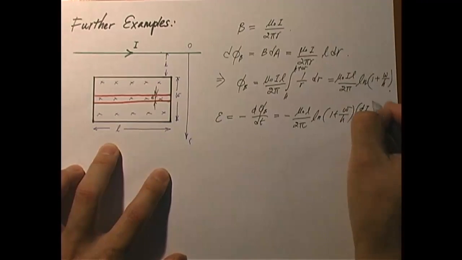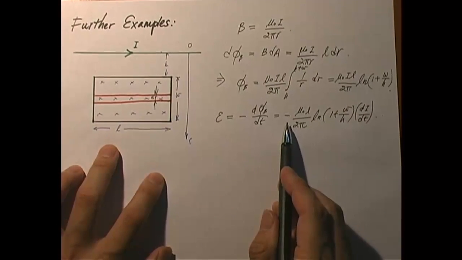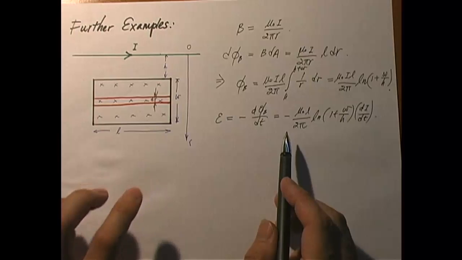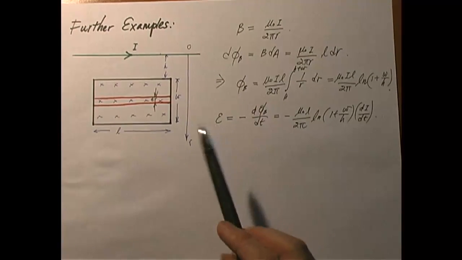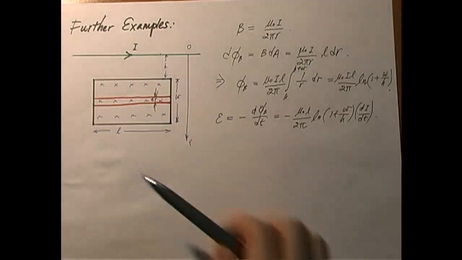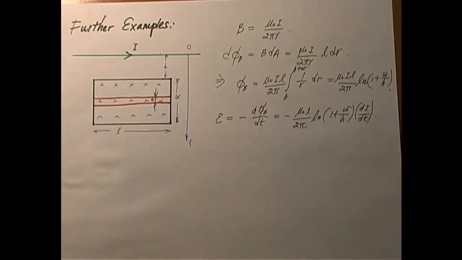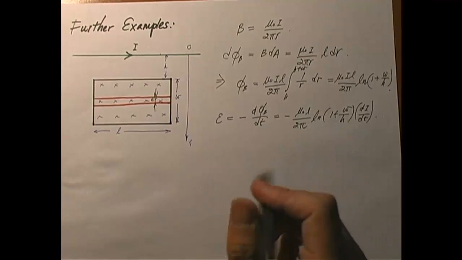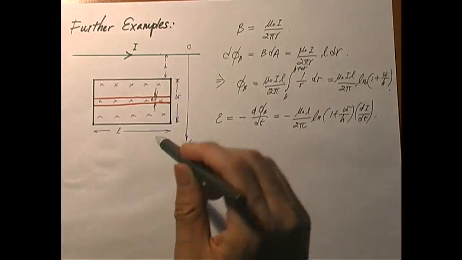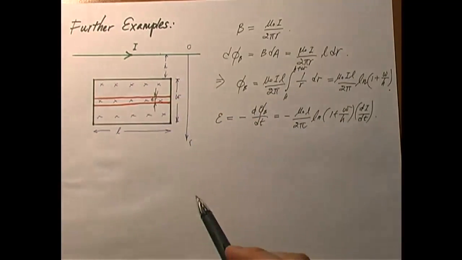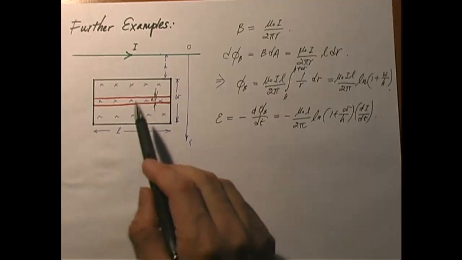Now, what does this negative sign mean again? The negative sign tells the direction, the orientation of epsilon. What kind of induced current can it power? Well, let's see here. Assuming dI/dt to be positive, so the current is increasing, the flux into the paper is actually increasing, and the induced EMF in the loop doesn't like that.